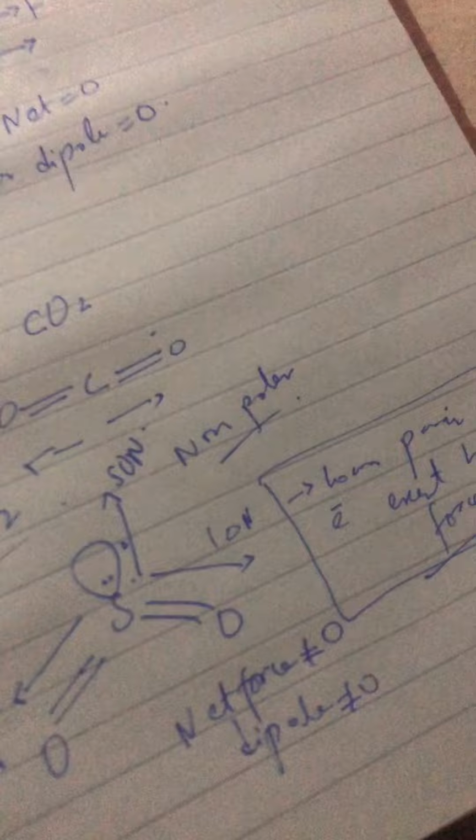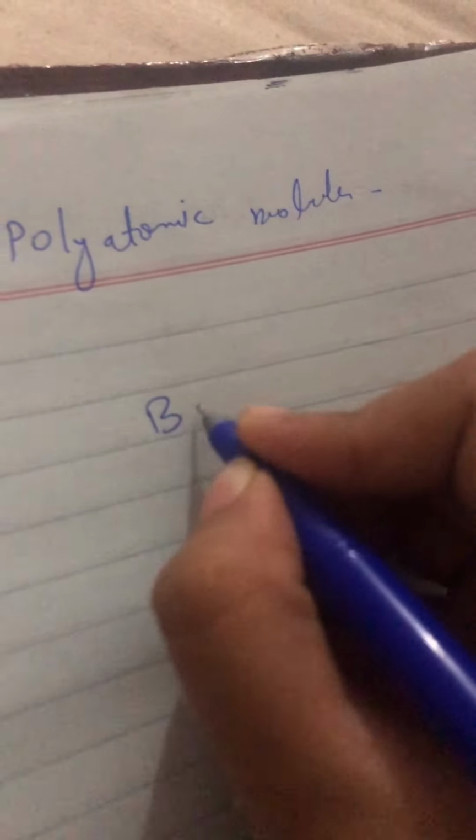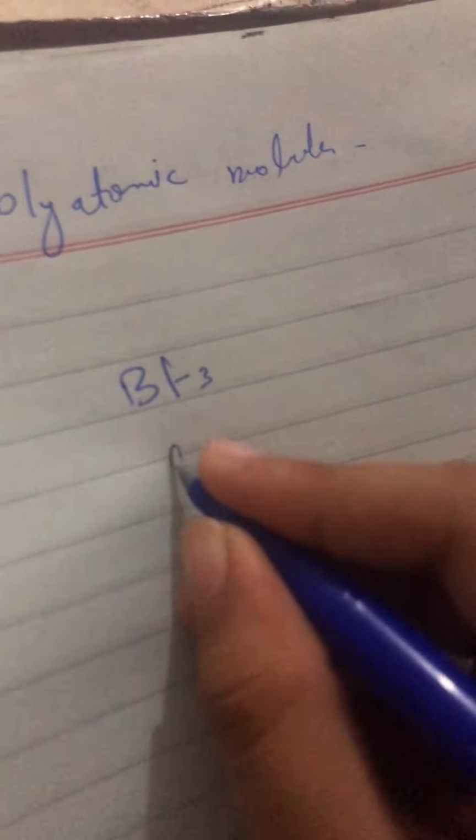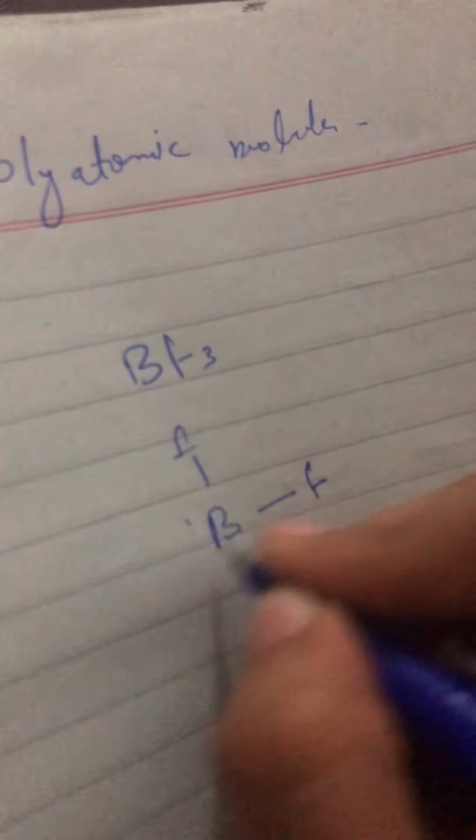After that, if we talk about polyatomic molecules, which means more than two atoms, for example BF3. Poly means many, right?